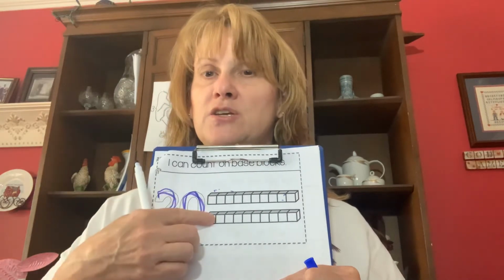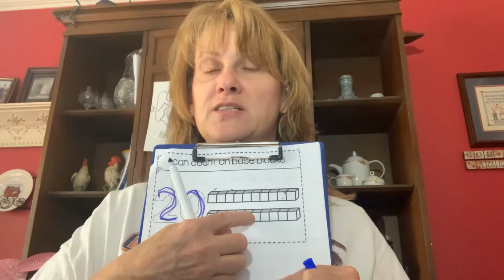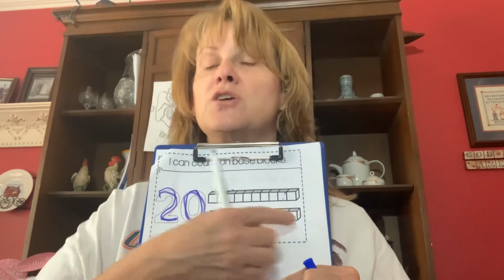Well, if we count by tens, 10, 20. So what you're going to have to do is color in both 10 and then 10 more, 20. But we'll count them. 1, 2, 3, 4, 5, 6, 7, 8, 9, 10, 11, 12, 13, 14, 15, 16, 17, 18, 19, 20.